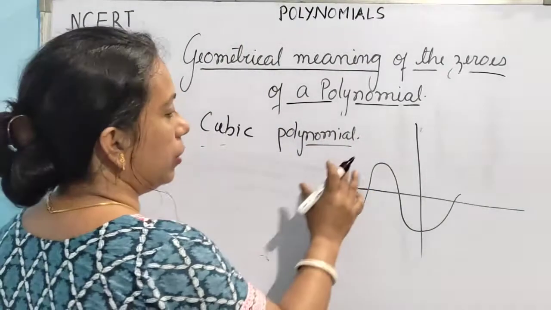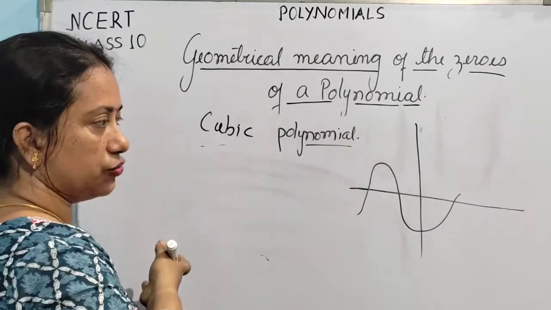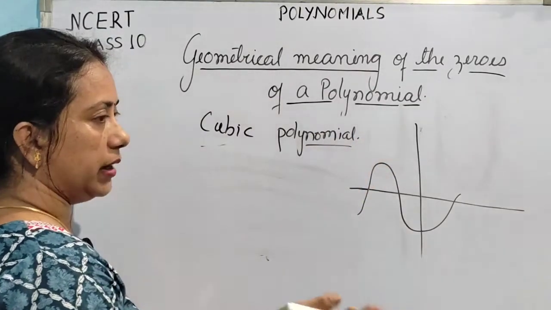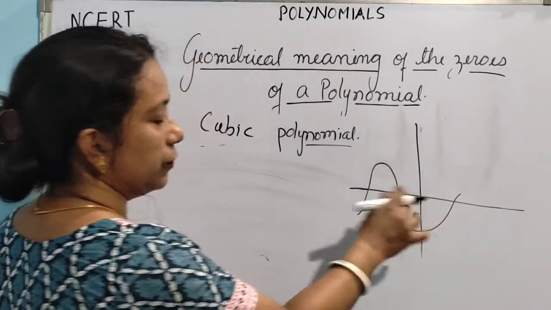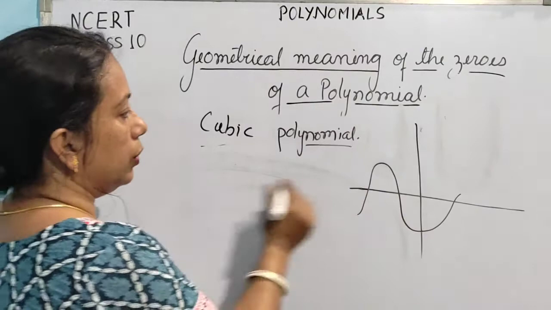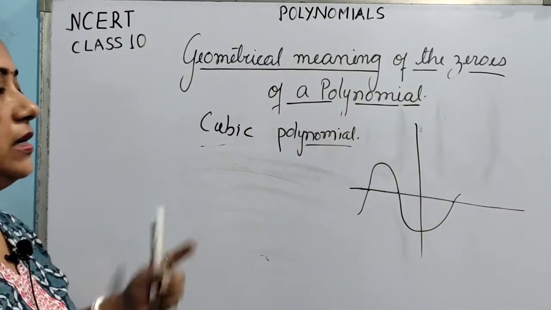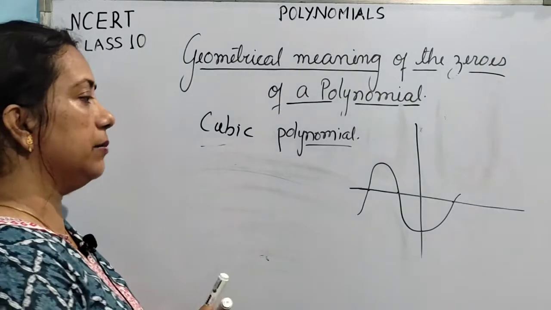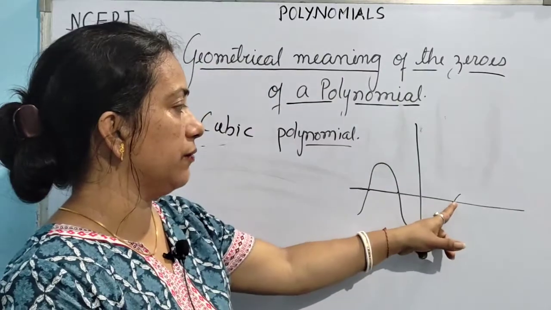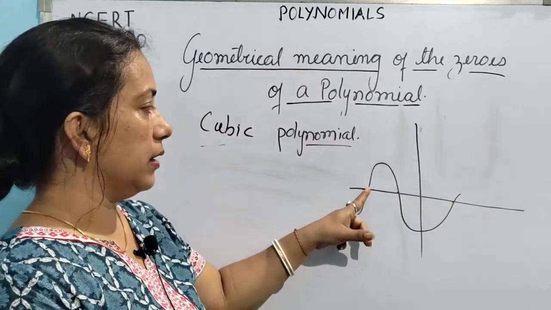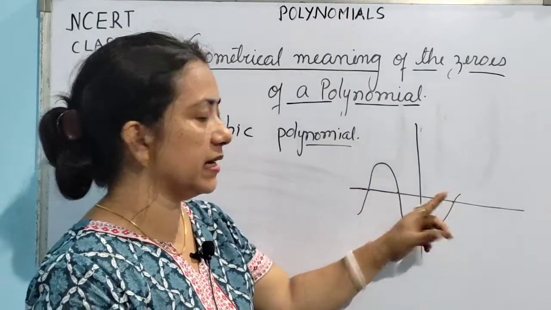In case of linear it is a straight line, in case of quadratic it is a parabola, but in case of cubic you will be having this type of graph. The cubic polynomial will be having at most 3 zeros, and here also the same thing. The points where it is intersecting the x-axis will give you the zeros.